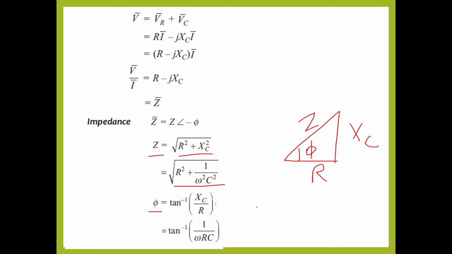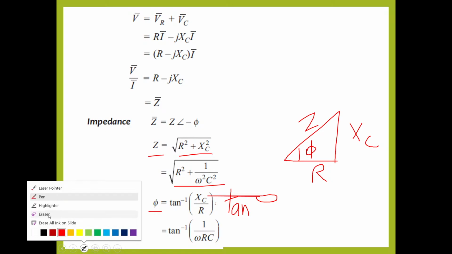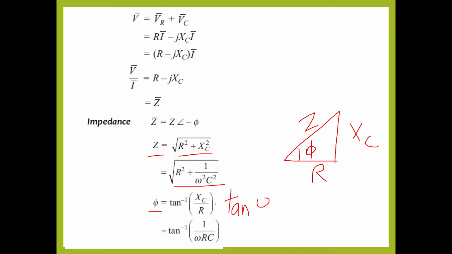Tan phi is opposite by base, so tan phi equals XC by R. So phi equals tan inverse of XC by R. If you simplify, replacing XC with 1 by omega C, you get phi equal to tan inverse of 1 by omega RC.